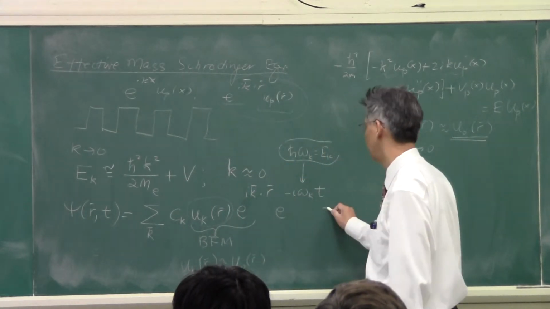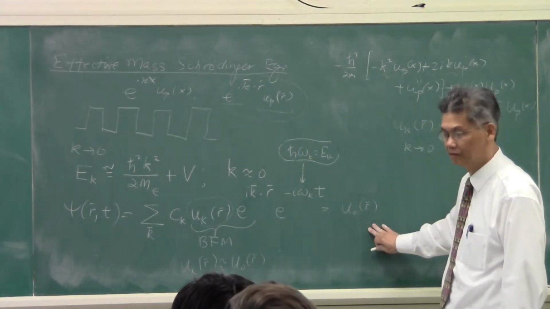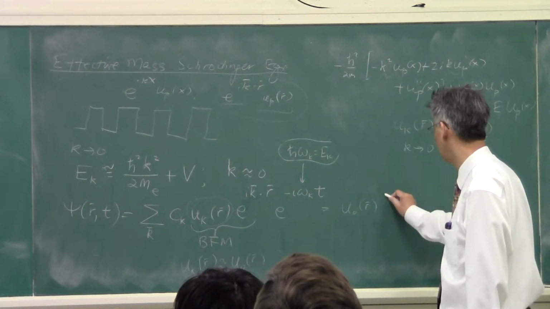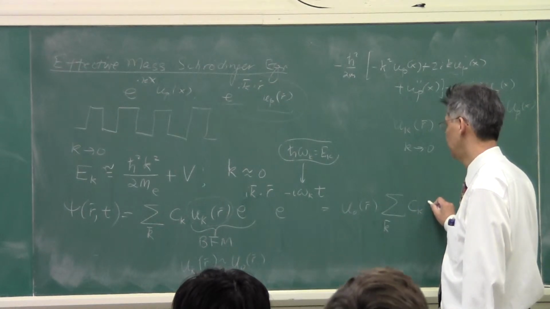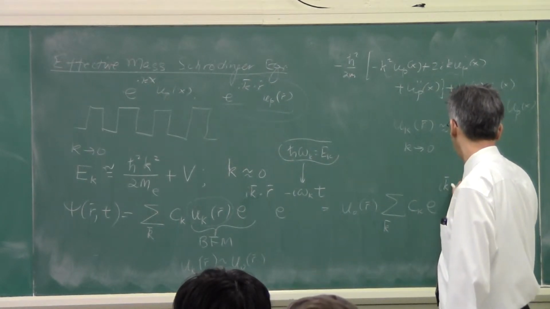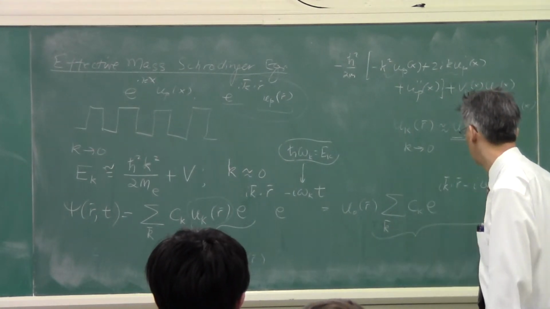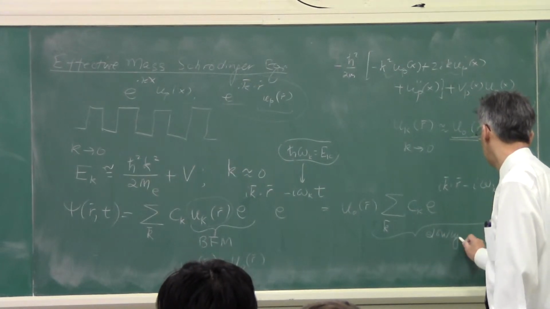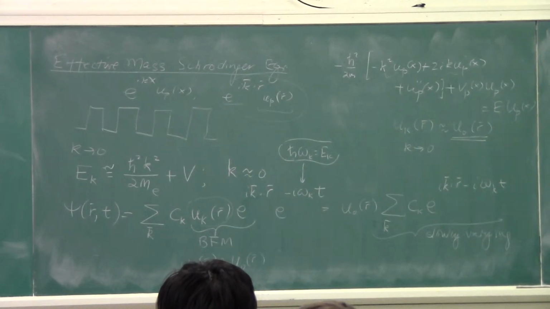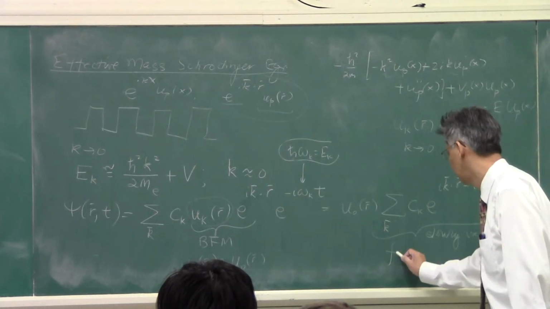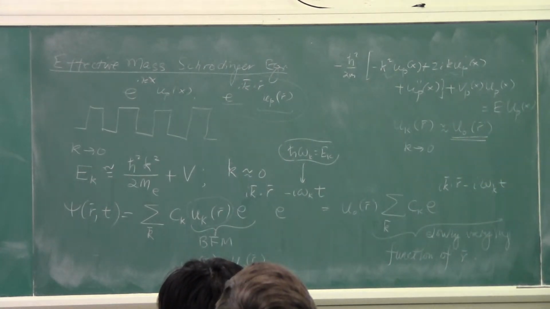And take this out of the equation and say that this must be a very rapidly varying function, independent of k, times e to the i k dot r minus i omega_k t. This must be a slowly varying function of r, because k is small. Okay.